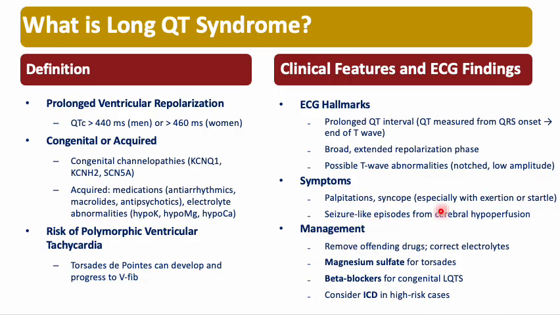You can have seizure-like episodes from cerebral hypoperfusion. Management can include removing the offending drug, correcting the electrolytes, which is mainly magnesium. You can also use a beta blocker if it's something congenital, and consider an ICD for high-risk cases in case they do go into that VFib and they need to be shocked.